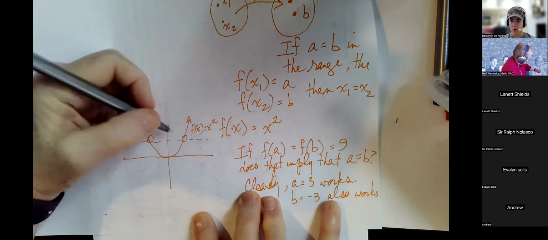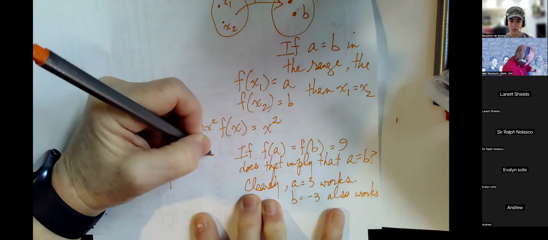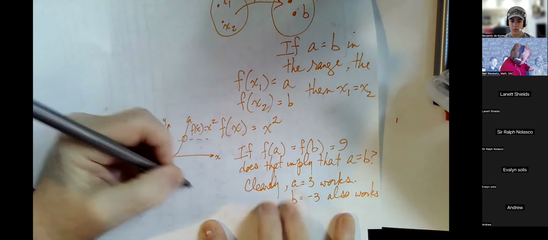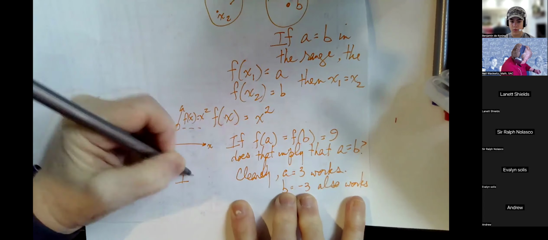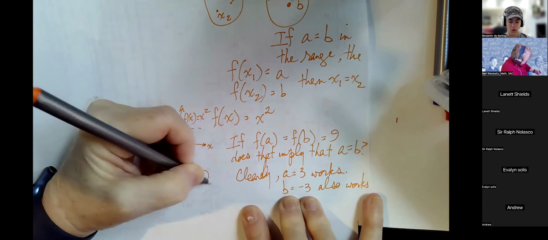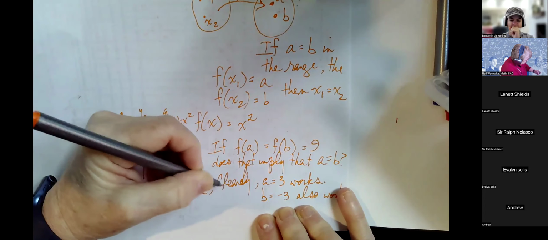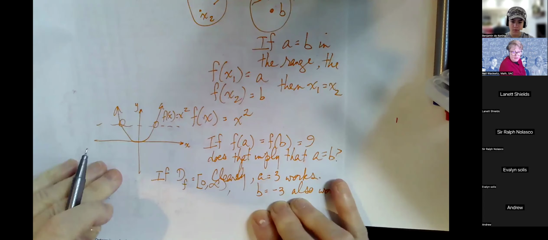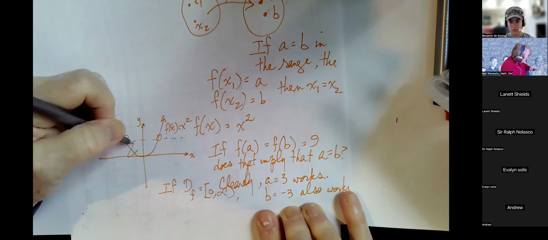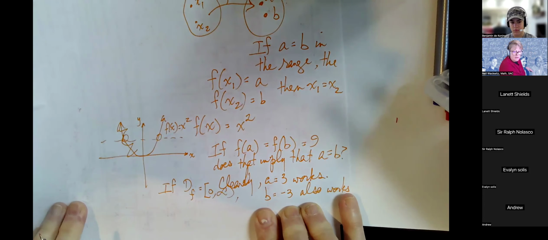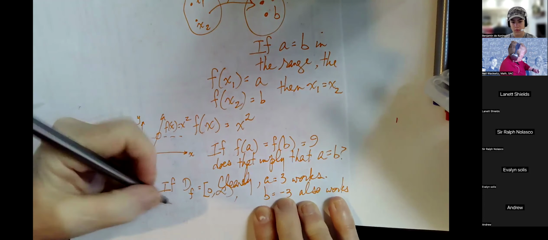Yes, absolutely. So if the domain of f is defined to be 0 to infinity, then we've gotten rid of this arm and we are 1-to-1.